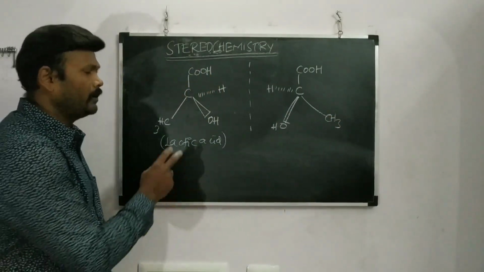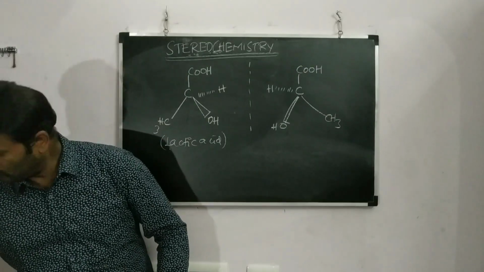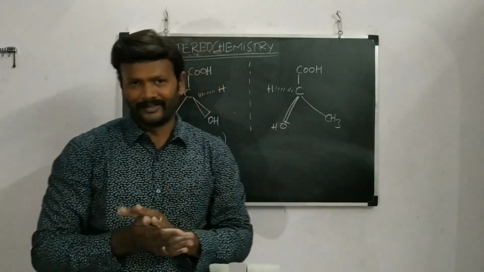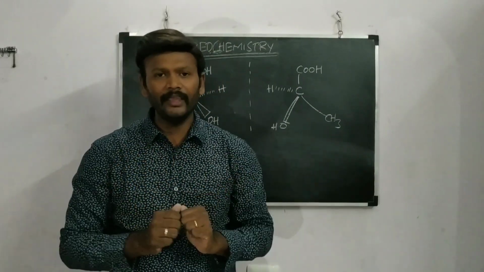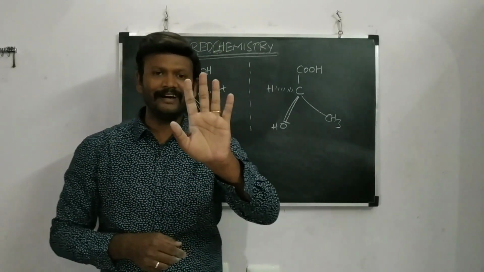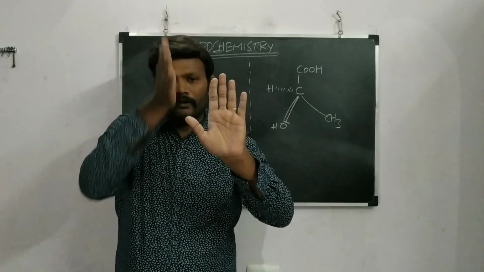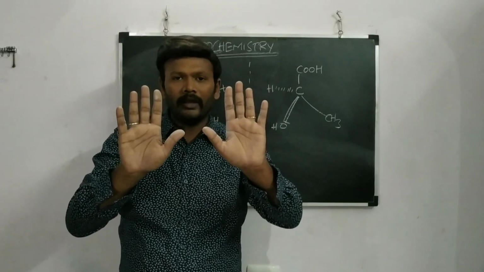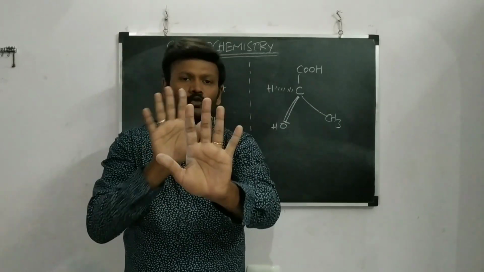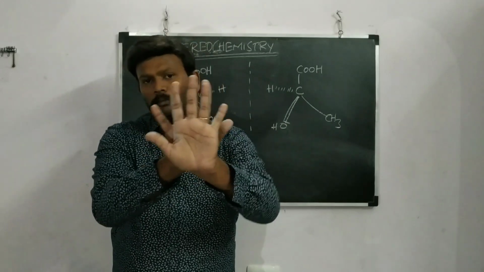What is a chiral carbon? If a molecule is said to possess chirality, they are non-superimposable mirror images. How can we say? Consider this is my hand. If I put a mirror here, the mirror image will be like this. If I superimpose it directly, they are non-superimposable.